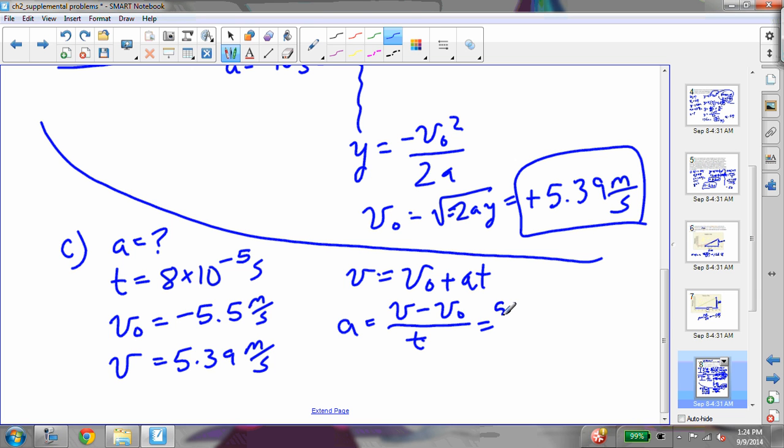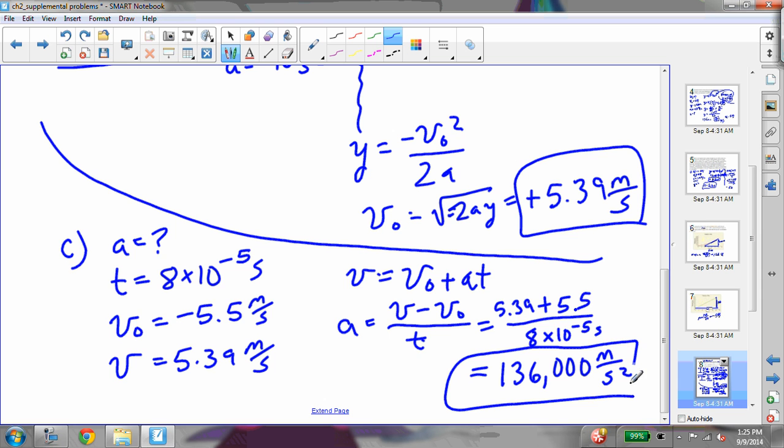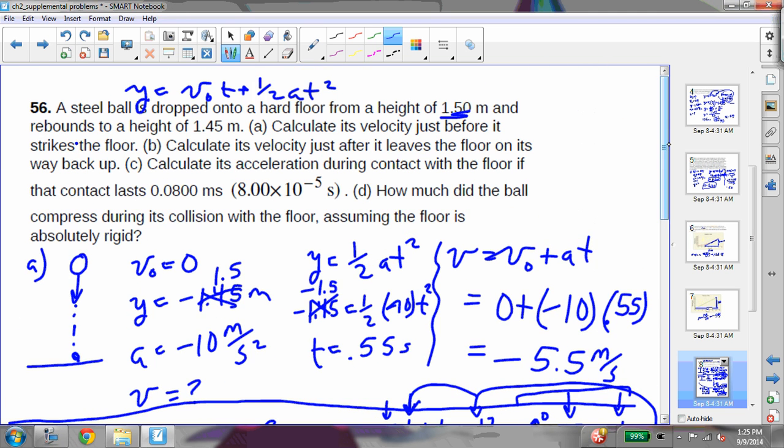I get 5.39 minus a negative number gives me plus 5.5 divided by my time, which is 0.08 milliseconds, or 8 times 10 to the minus 5 seconds. And I get an acceleration of 136,000 meters per second squared. That's the answer there. That is the acceleration required to make it turn around and go the other direction.